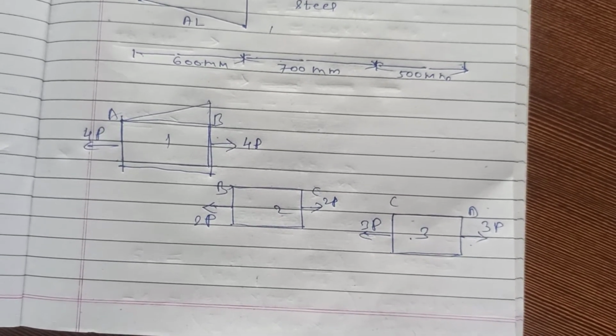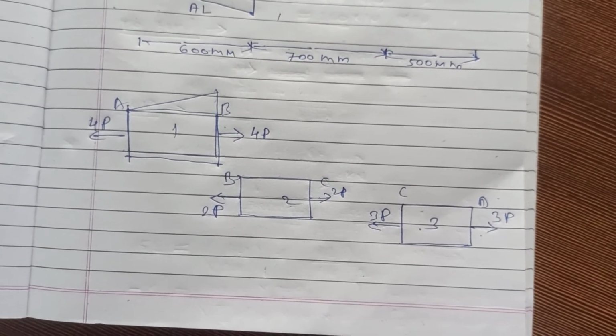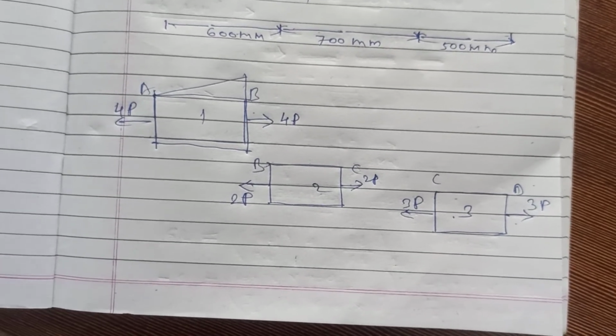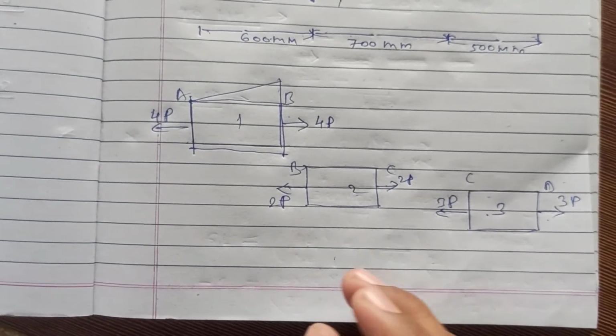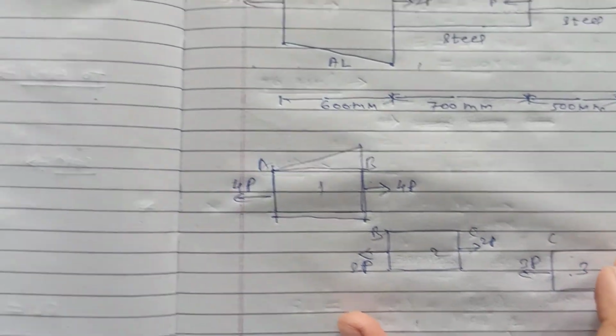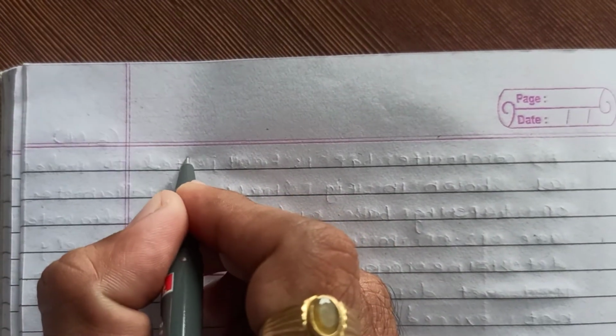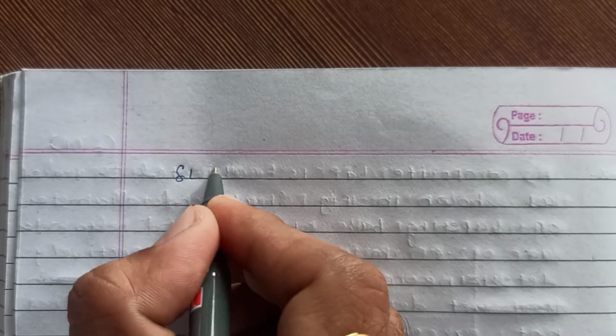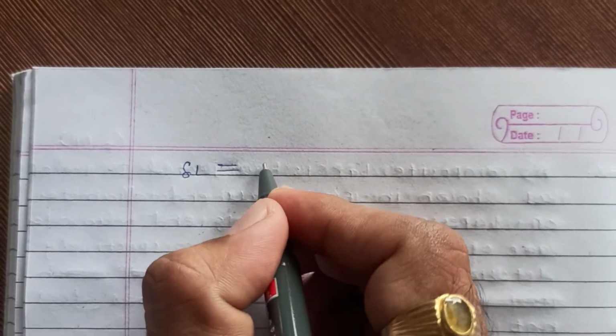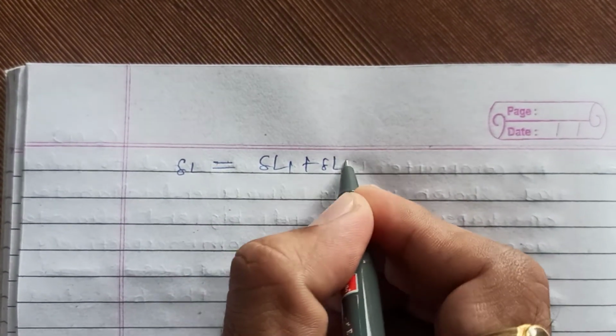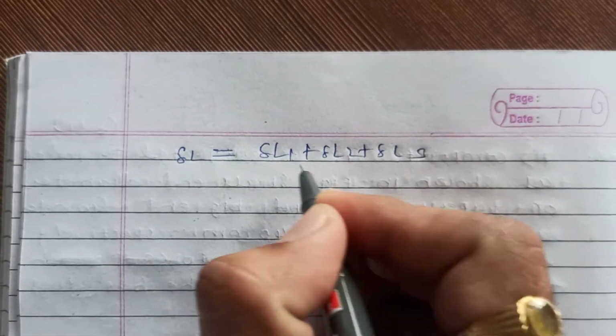So let us use the principle of superposition again to solve for the unknown quantities. We have to use the principle of superposition, that is delta L is equal to delta L1 plus delta L2 plus delta L3, because there are three elements.